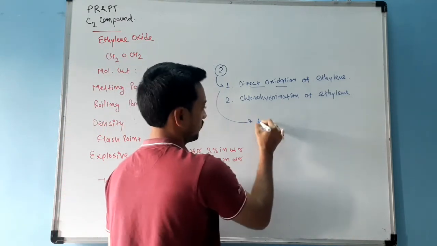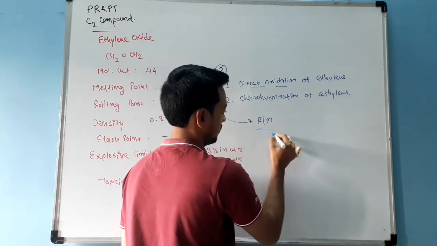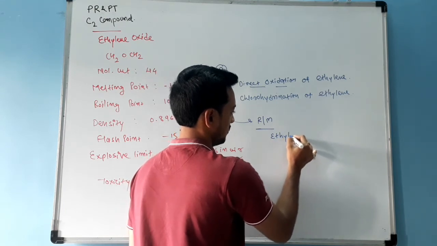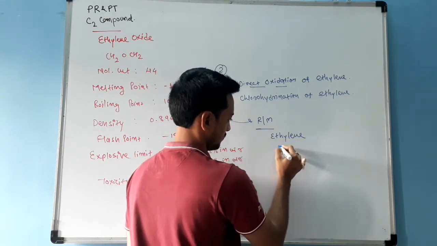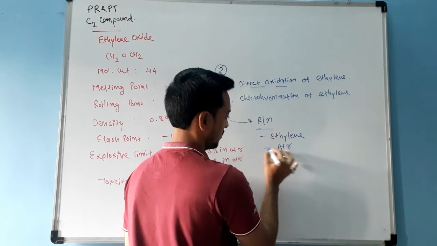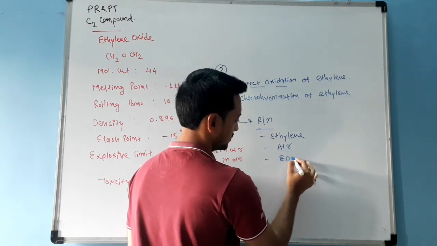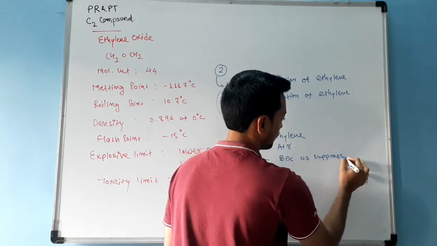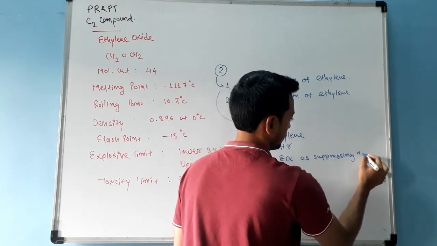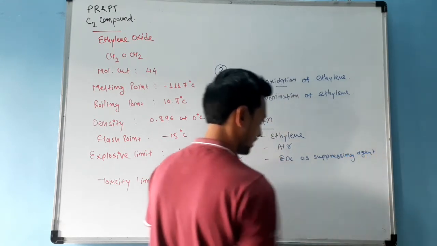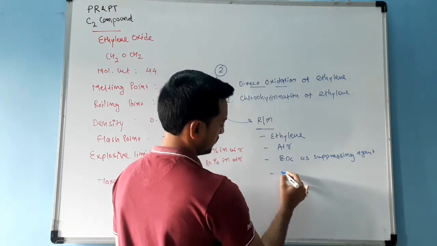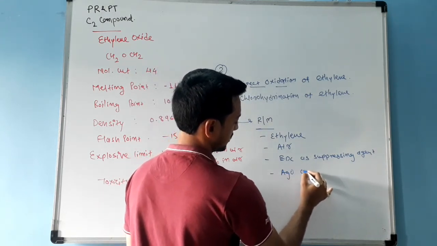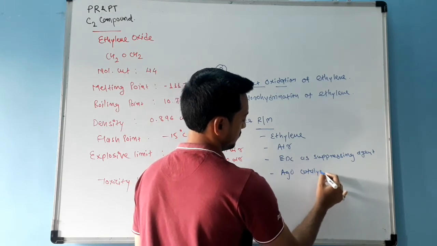For the first one, raw materials are ethylene and air, with EDC as suppressing agent to reduce the side reaction, and silver oxide as catalyst.